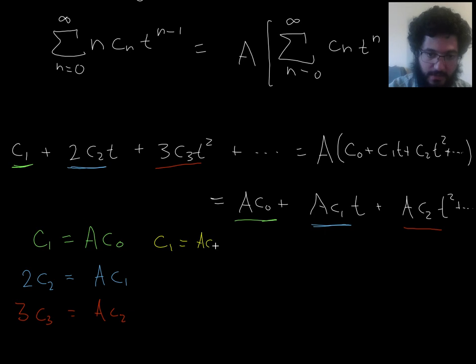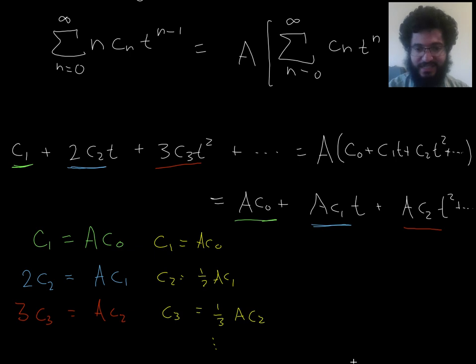c1 is ac0. I'm going to keep that the same. And then c2 is 1/2 ac1. And then c3 is 1/3 ac2, and so on. So do you see the pattern? What's c4 then? It's 1/4 ac3, right?